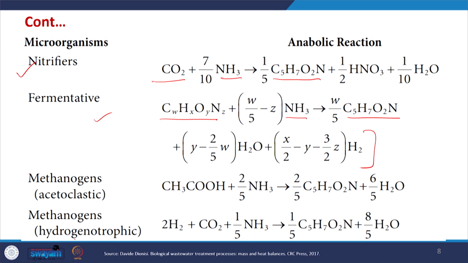In the hydrogenotrophic, again hydrogen is used along with the carbon dioxide to produce the biomass. During the acetoclastic, the acid is used along with the ammonia to form the microorganism. So, these are the various anabolic reactions which occur during wastewater treatment where substrate is utilized for production of biomass.